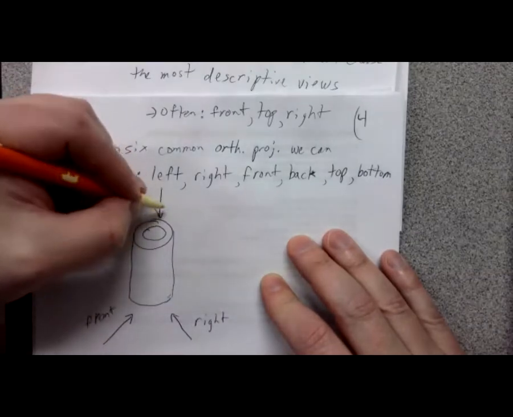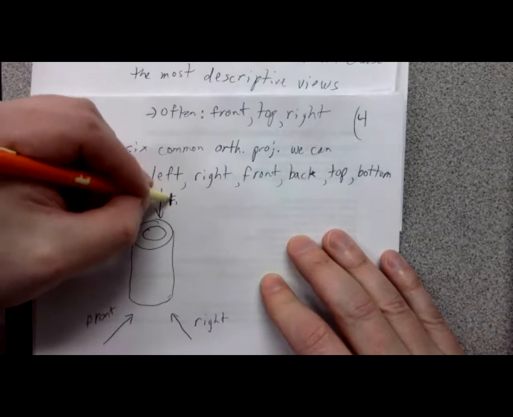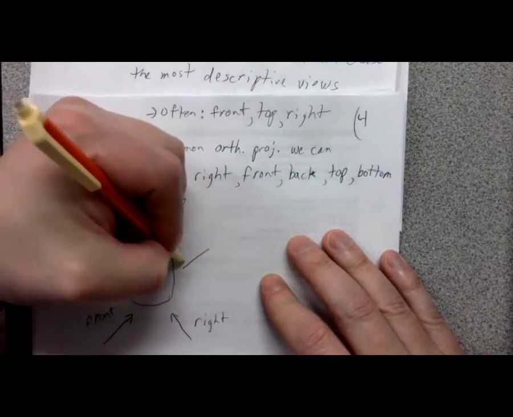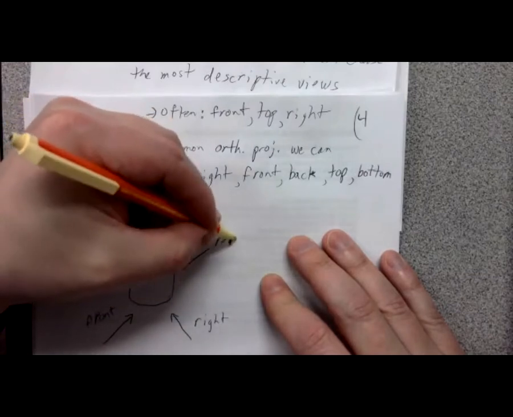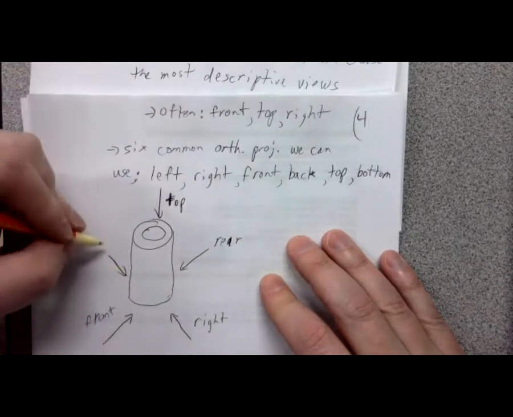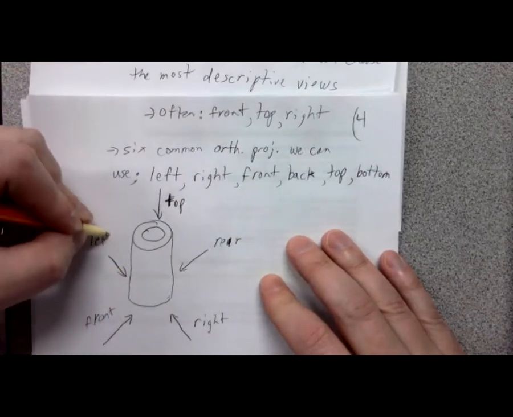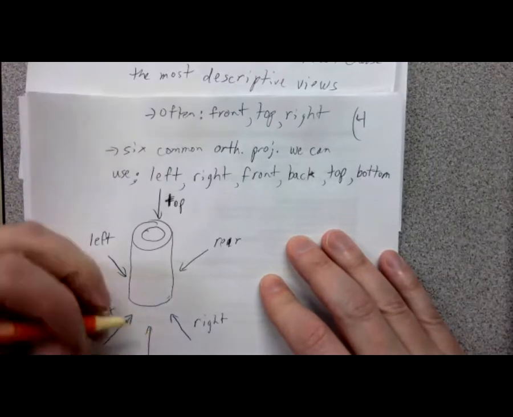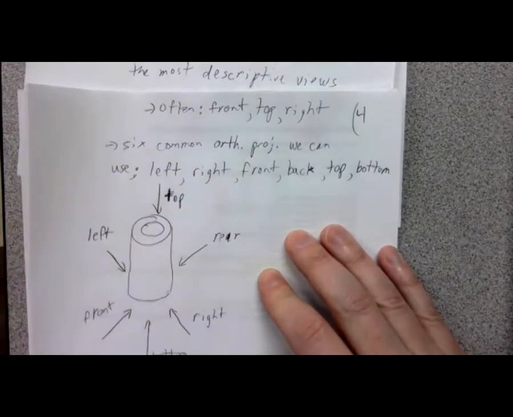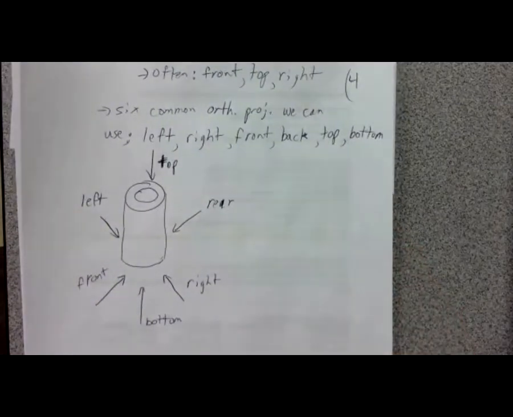And the top is from the bird's eye view. It's looking straight down. The others are their opposites. So the rear is looking back this way. The left is looking the opposite of the right. And the bottom, or the worm's eye view, is looking from the ground view.